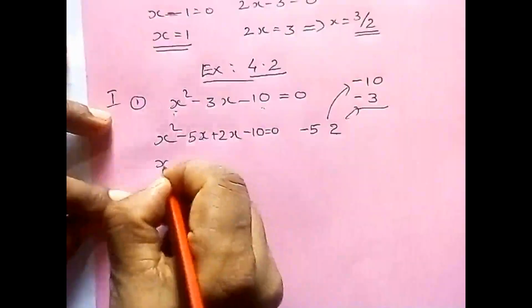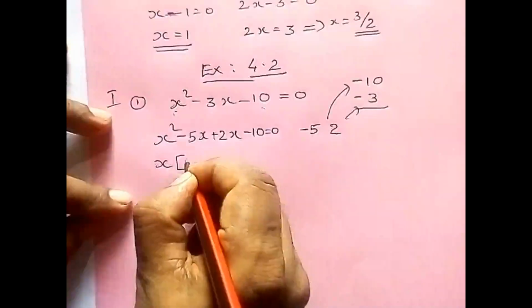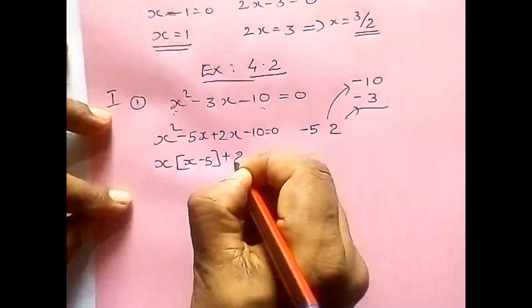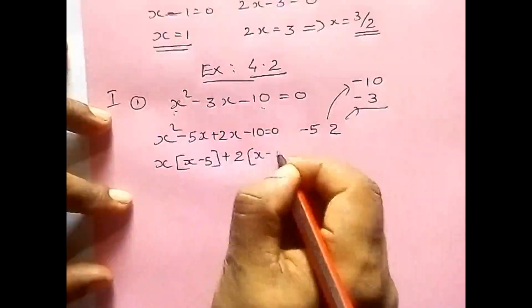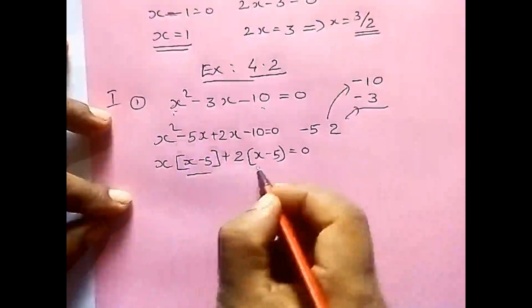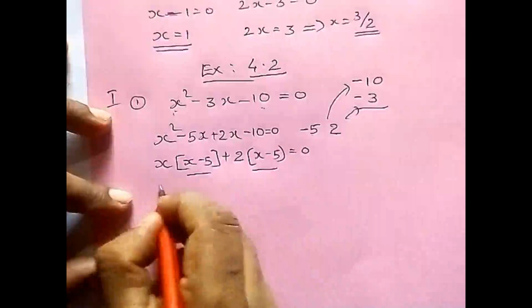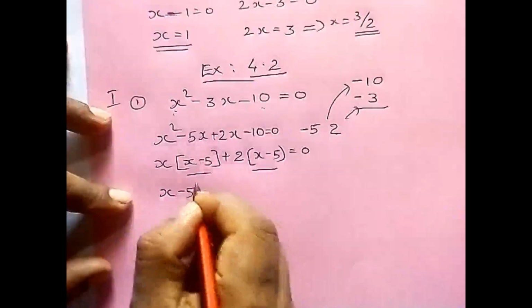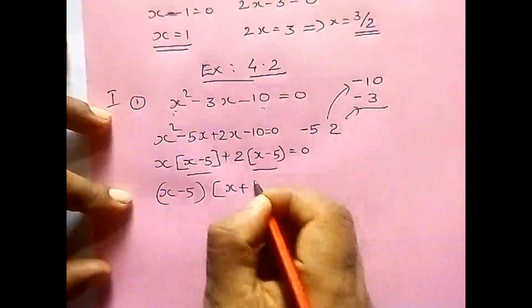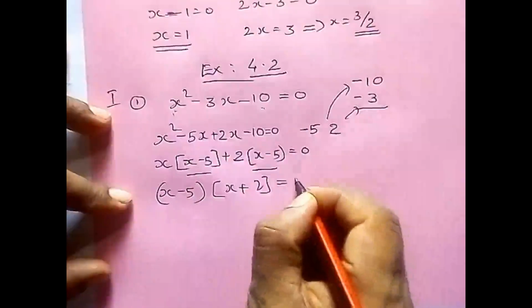Here we will take x outside, x into x minus 5. Here I can take 2 outside, 2 into x minus 5 equal to 0. X minus 5 is common in both the terms, which can be taken outside. So x minus 5 into x plus 2 equal to 0.